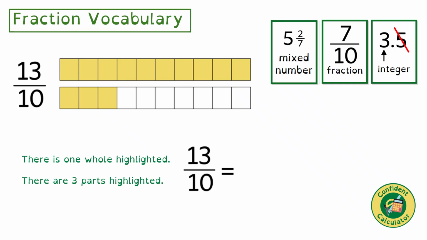So 13/10 is equal to 1 whole, or an integer, and 3/10. So our mixed number is 1 and 3/10, which is equivalent to the improper fraction of 13/10.